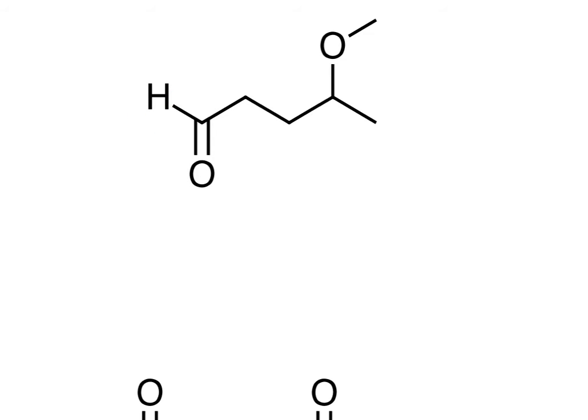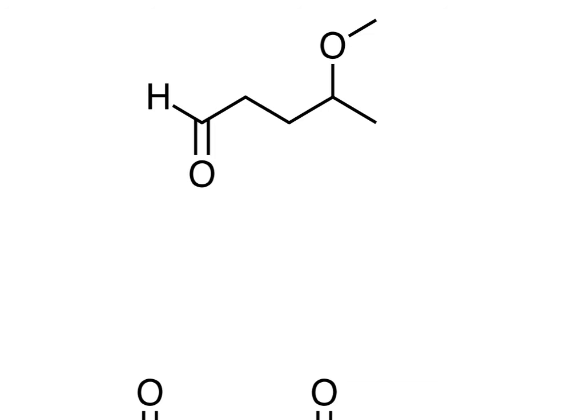You would have to know to assume that there's a hydrogen there, and that this would still be an aldehyde. But for simplicity's sake right now, I overtly drew in that hydrogen. So I have the aldehyde functional group, and then I have over here a carbon attached to an oxygen, then attached to another carbon. So this is going to be an ether functional group.